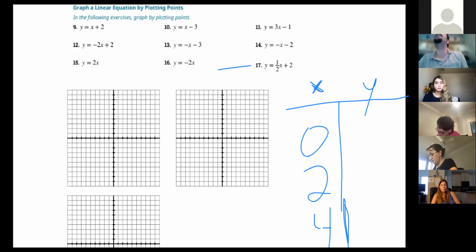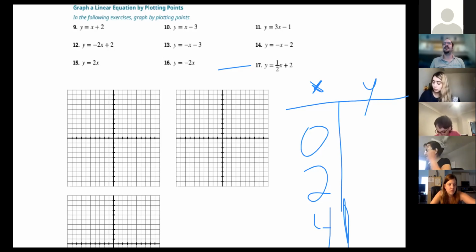So let me get group 4, Carson, Jade, Sage, or Vanessa to help me out with this. If I plug in 0, what am I getting? For 17, what do I get for my Y? 2?